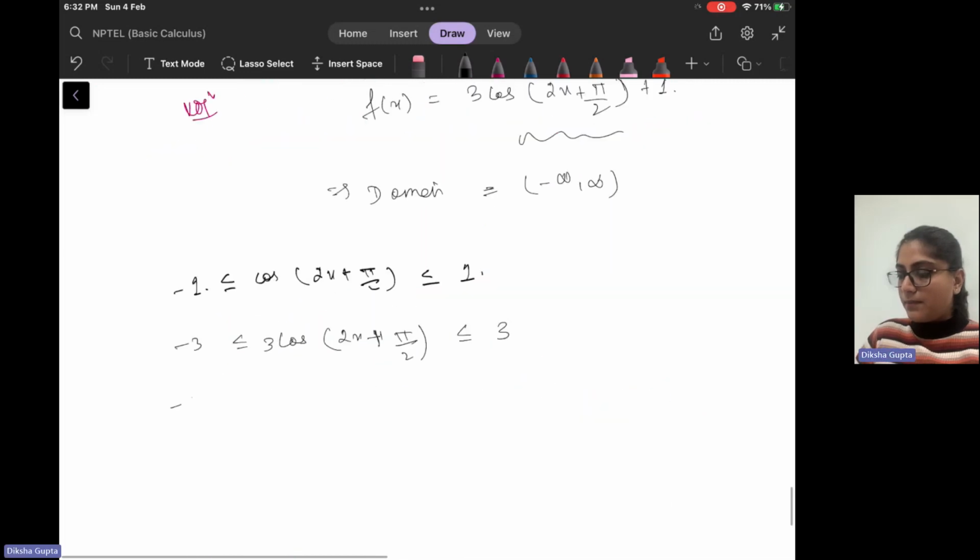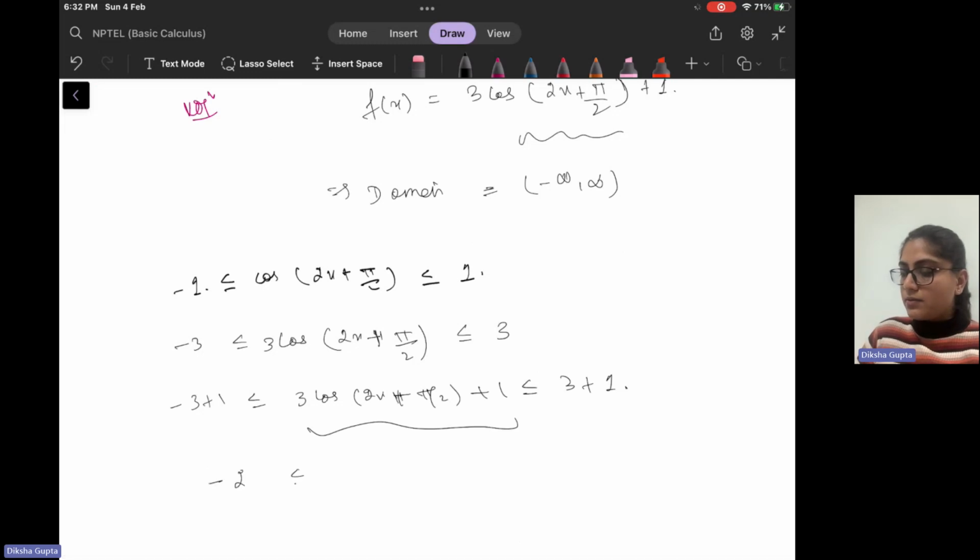And if we add 1, 3 cos(2x + π/2) + 1, this is nothing but f(x), minus 2 less than f(x) less than 4.